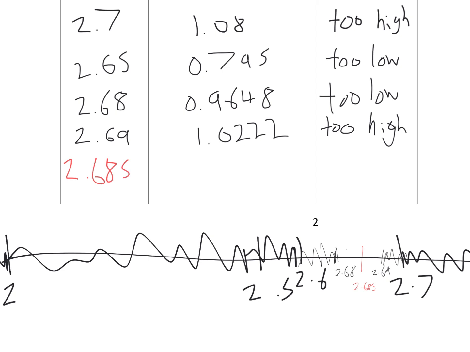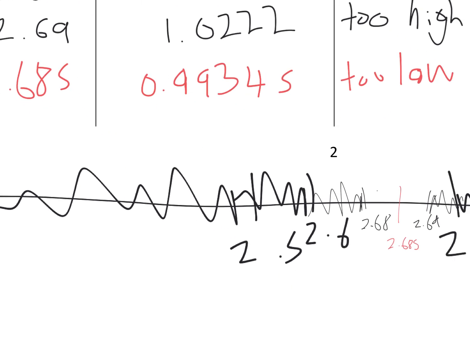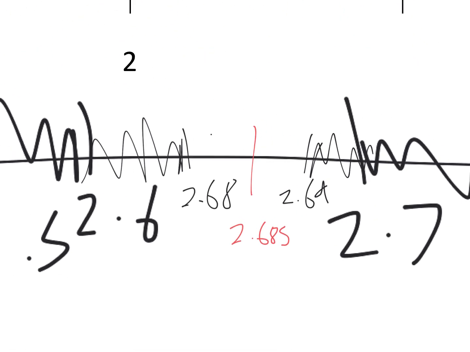If you put 2.685 in, you get 0.99345. And that's too low. So if that's too low, the answer has to be in the top half.